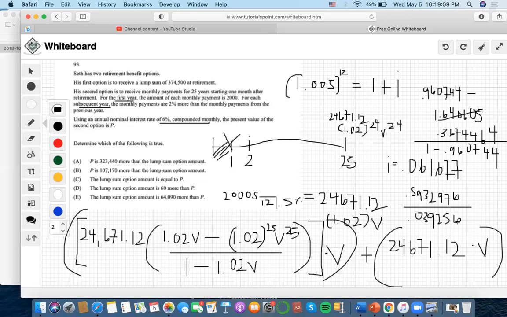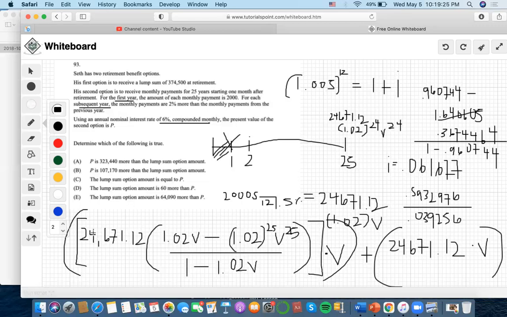Now we're going to divide both values. We get 0.593296 divided by 0.039256. And then we're going to get 15.11355.